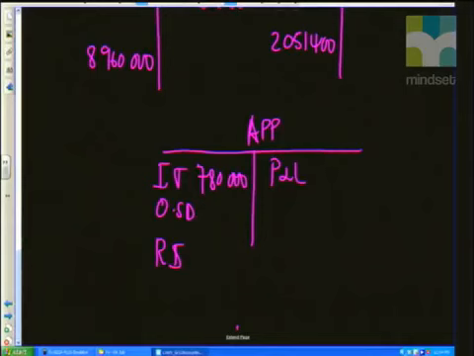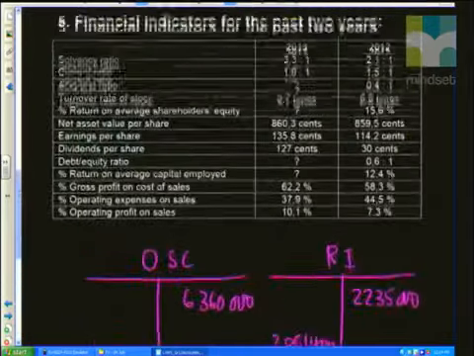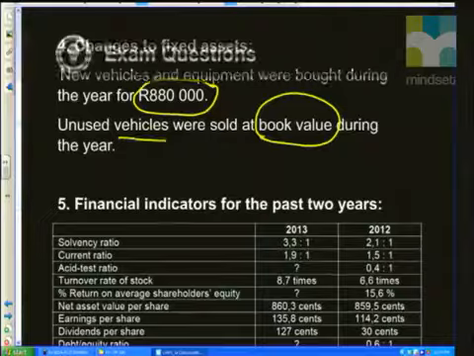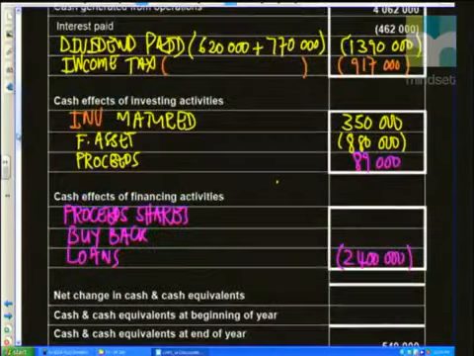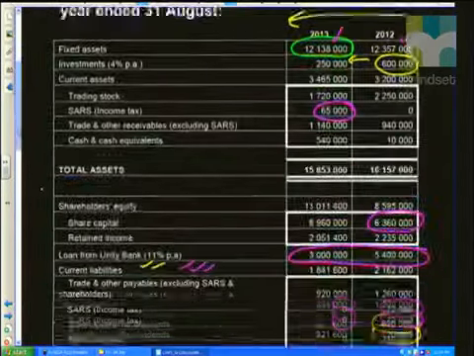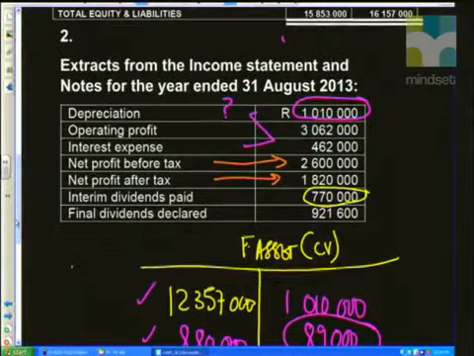Then I also know that I can calculate my profit and loss figure, can't I? Why? Because that information is given to me. Where is that information given to me? It's given to me if I look at my income statement. I want my net profit before taxation.